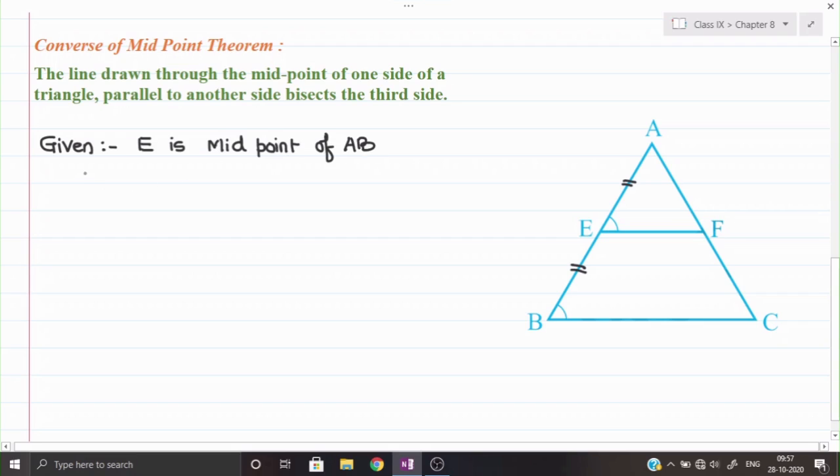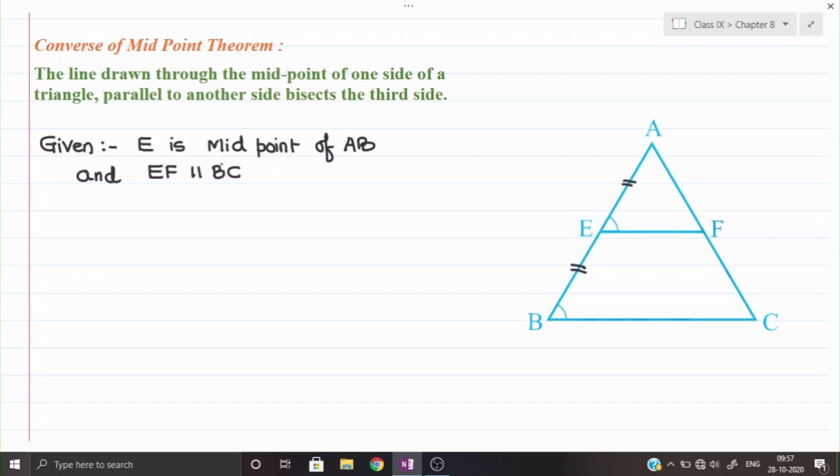The second given will be the line through E. Which line is going through E? That is EF. So we can say that EF is parallel to BC. That is the second given. You observe, EF parallel to BC was the result of the midpoint theorem, but here it is part of the given. So partially, the result has come in the place of given, and the given is going in the place of result.